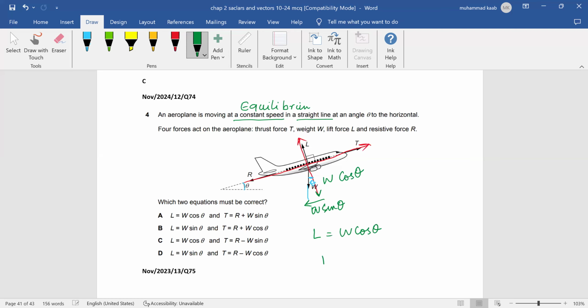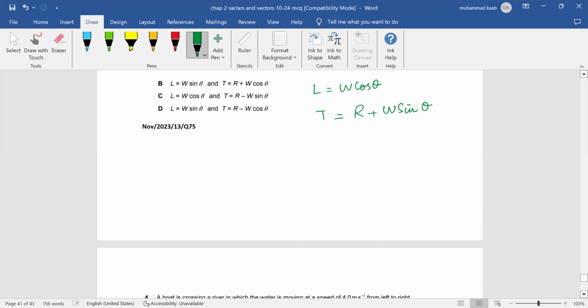And T is the forward force, so it should balance with R plus W sin theta, as that is in the opposite direction. Now see which answer this gives. L equals W cos theta, this one, A, right? Perfect. Ibrahim, did you understand?